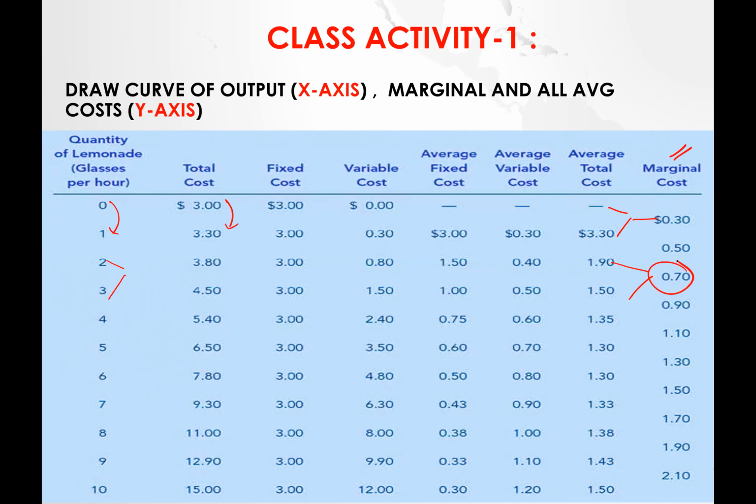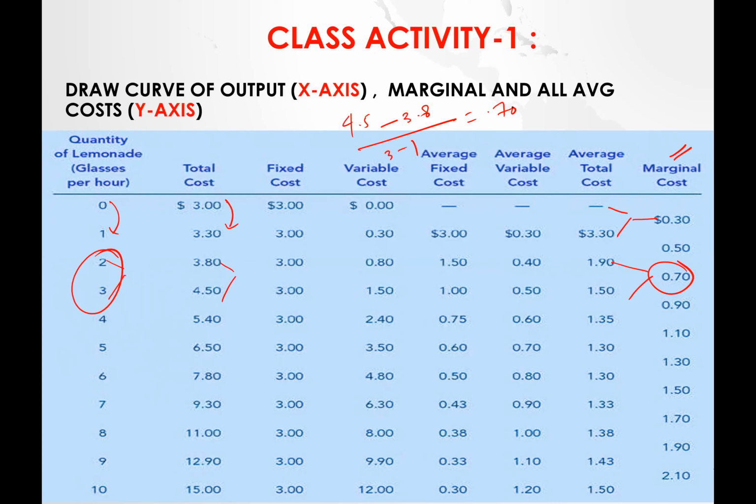Where did we find this 0.7? What is the total cost? (4.5) minus 3.8 divided by 3 minus 1. So the answer would be 0.70, right?